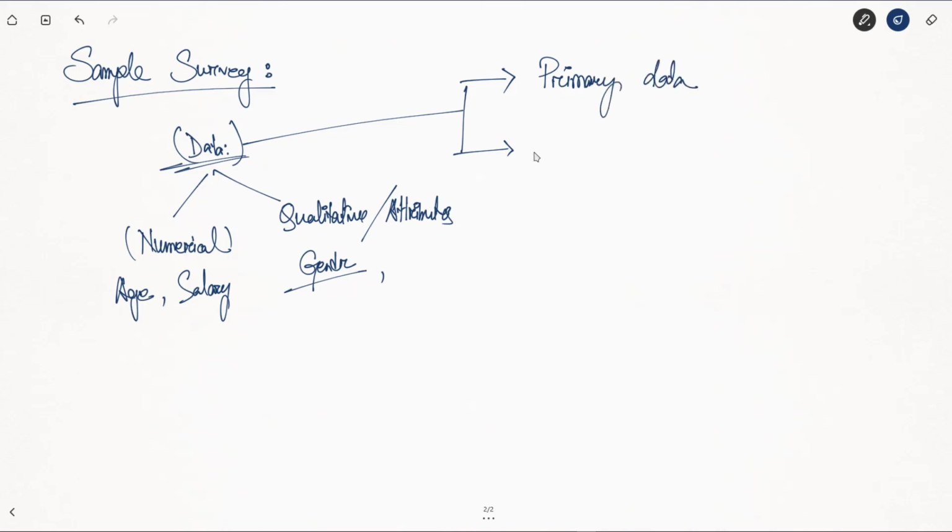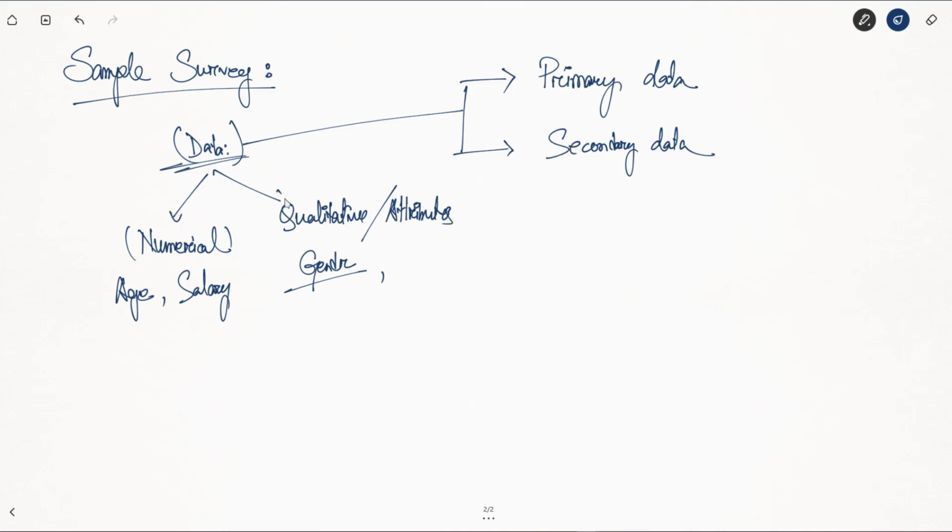And if you are using some pre-existing data, someone already collected those data that are necessary for your purpose, and you're lucky to have them and you are using them, then those are called secondary data, right? So according to how they are collected, data are two types. One is primary data and one is secondary data.